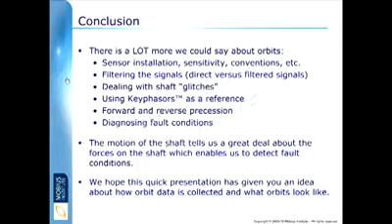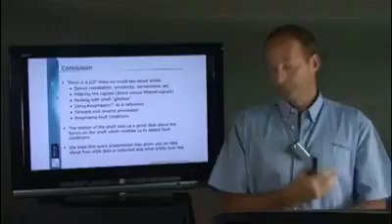The metal may not be homogeneous, which means the way the sensor works is going to vary. We have to deal with these things. We use key phasers to get a 1x reference. We can look at forward and reverse precession and generally diagnosing fault conditions. We give that training elsewhere, but the point is that the motion of the shaft tells us a lot about what's happening inside the machine.